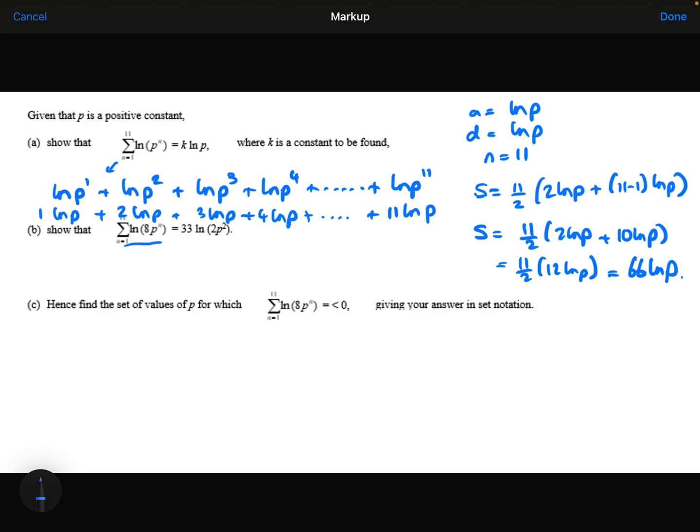So first, when n is 1, we'll get ln 8p to the power 1. Then when n is 2, then when n is 3 and 4, all the way up to when n is 11.